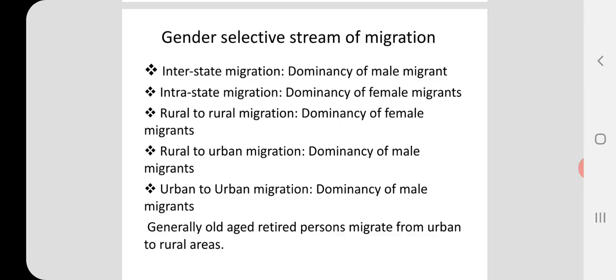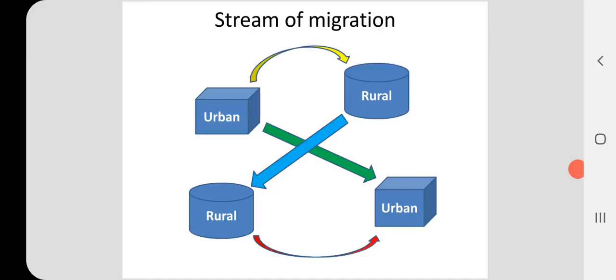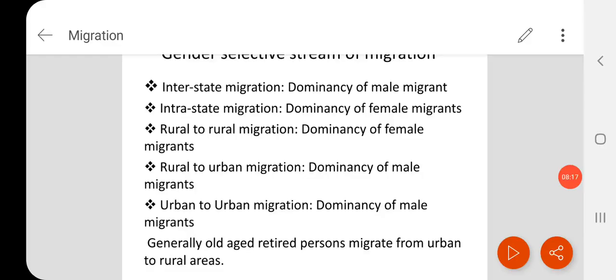And the next is urban to urban migration. This stream of migration is also dominated by male migrants. And the last is urban to rural migration. Urban to rural migration is dominated by old aged people.